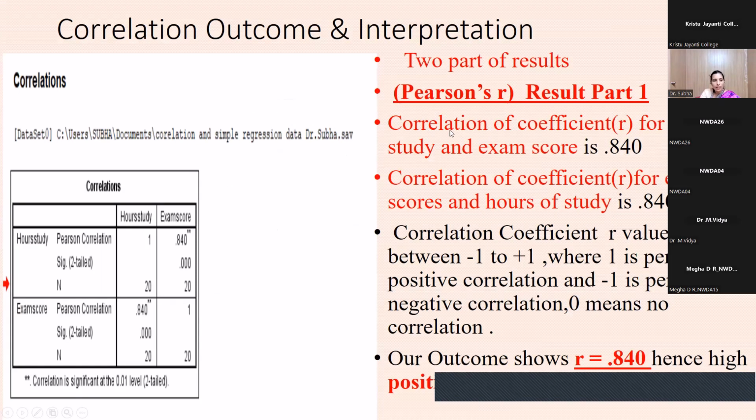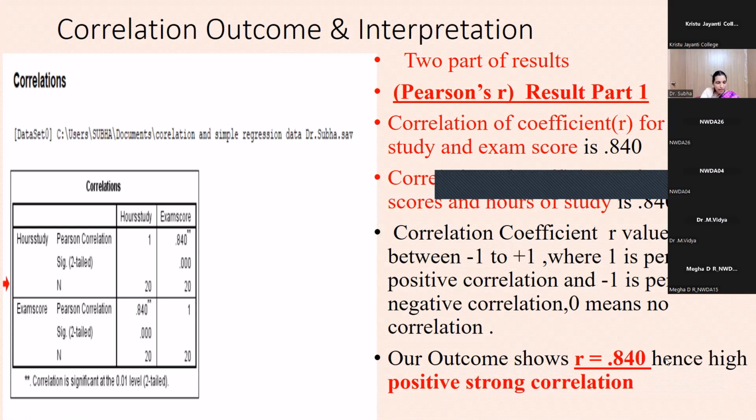In the interpretation part, you can write like this: the correlation coefficient for hours of study and the exam score is 0.840. The correlation coefficient R ranges between -1 and +1. If it is very close to 1, then it can be called a perfect positive correlation. Our outcome shows R is 0.840, hence high positive correlation between the variables.